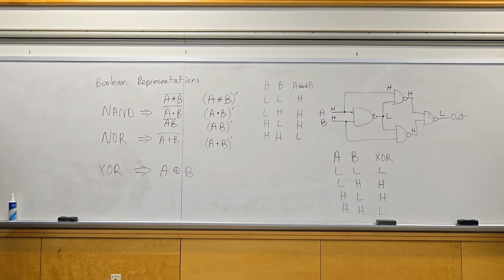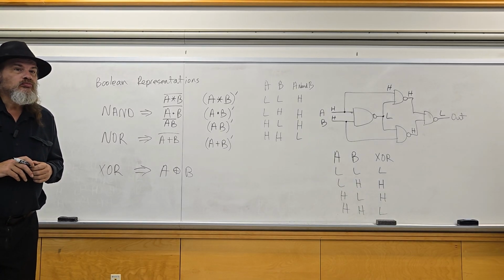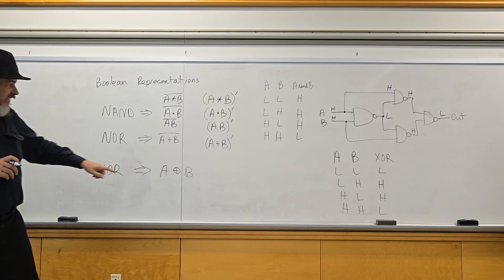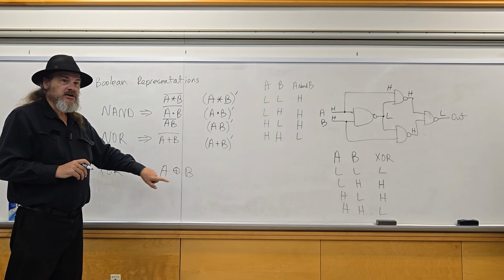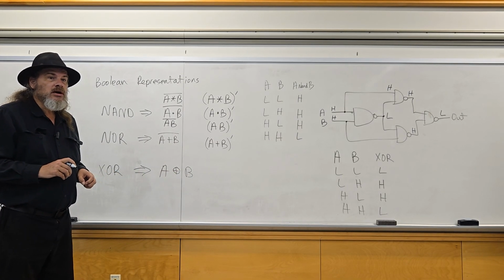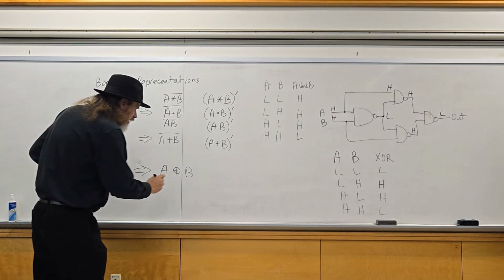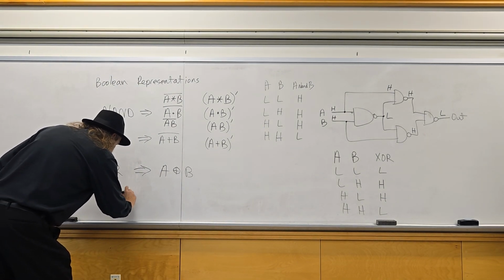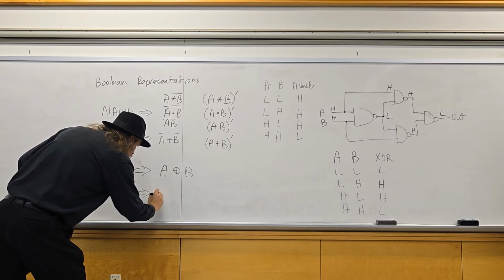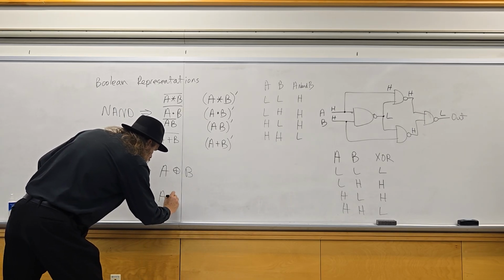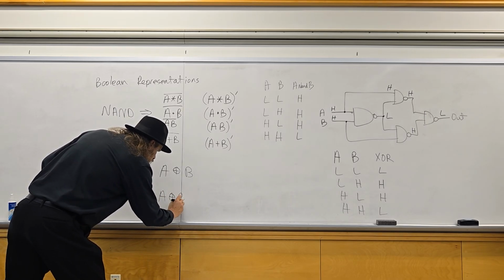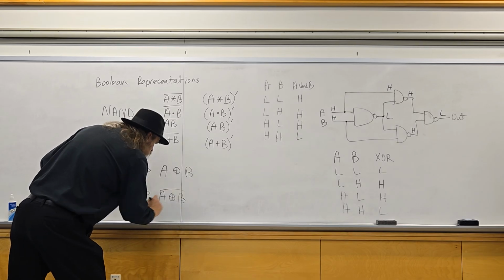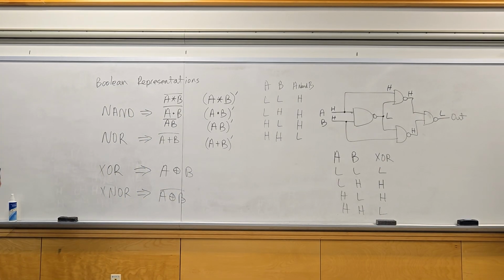What was that? Yeah. It's a plus with a circle around it. XNOR would be with a bar over everything.